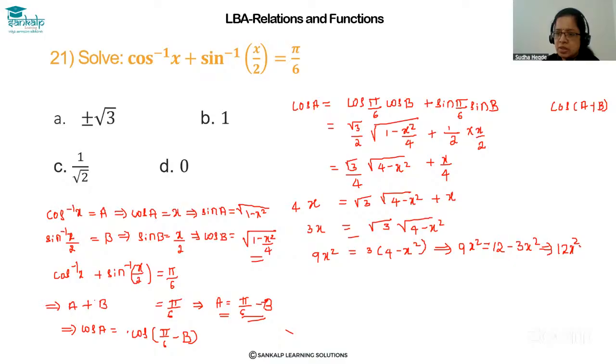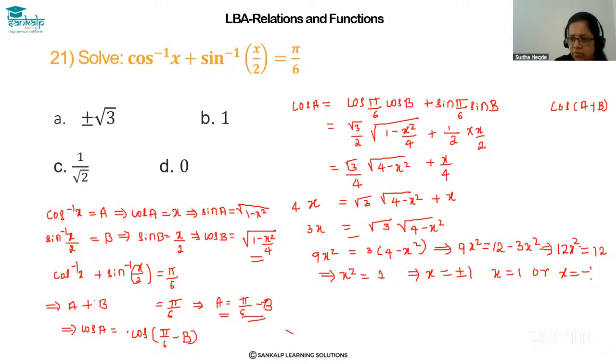This implies x square is equal to 1. That implies x is equal to plus or minus 1. So either x is equal to 1 or x is equal to minus 1.